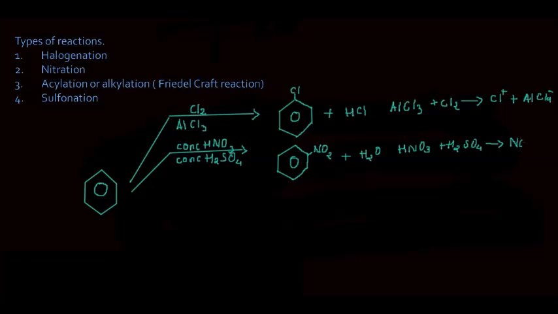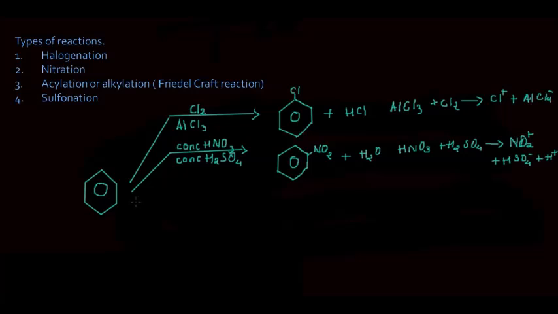NO2+ is also called nitronium ion. The remaining part of the reaction is as shown here. Now this electrophile NO2+, that is nitronium ion, reacts with the benzene, producing nitrobenzene.